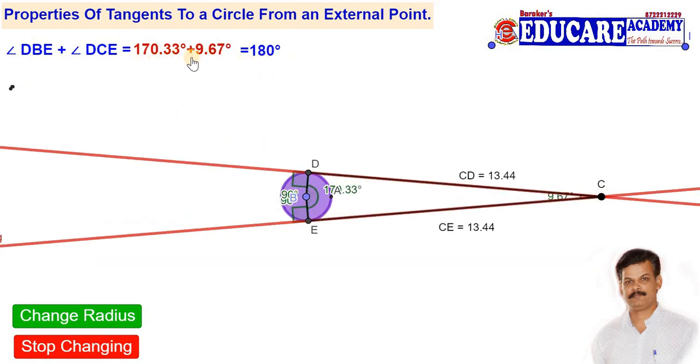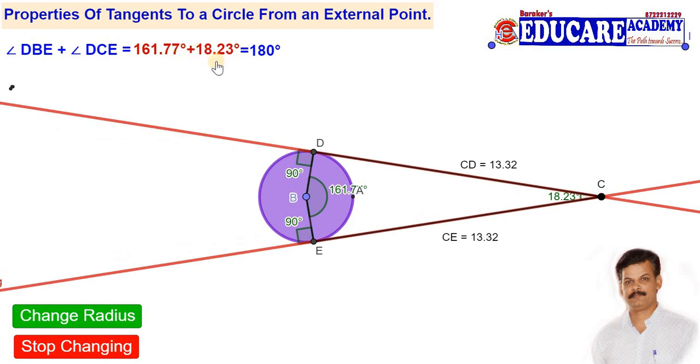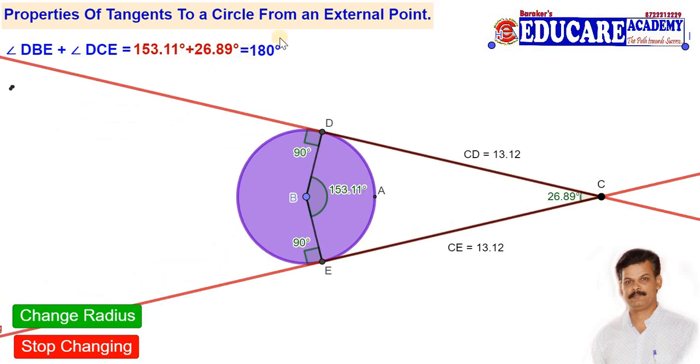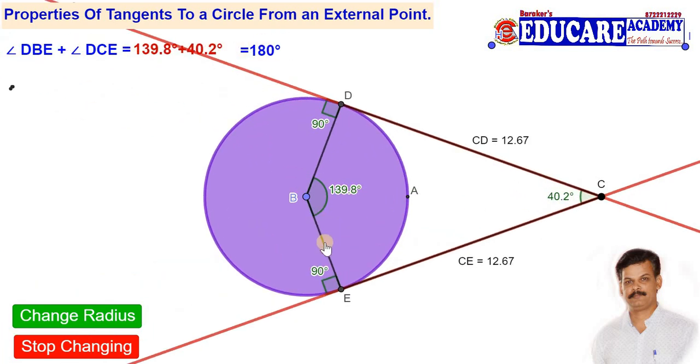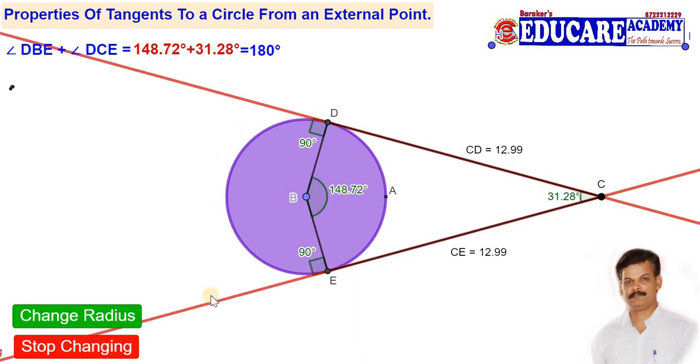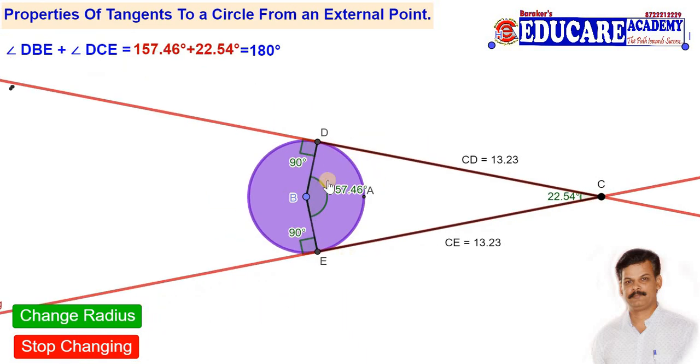Here you can see the change in the angles, but the sum of the angles always remains 180 degrees. So you can stop and observe here. See, the radius is very small now. It has decreased, but the sum of the angles is 180 degrees, whereas the lengths of the tangents are equal. The angles created by the tangents with the radius are 90 degrees each.